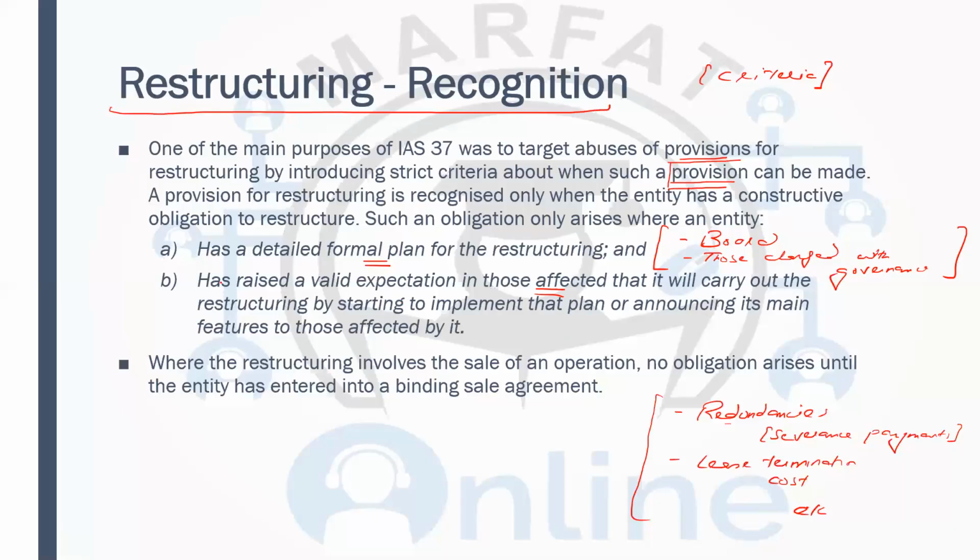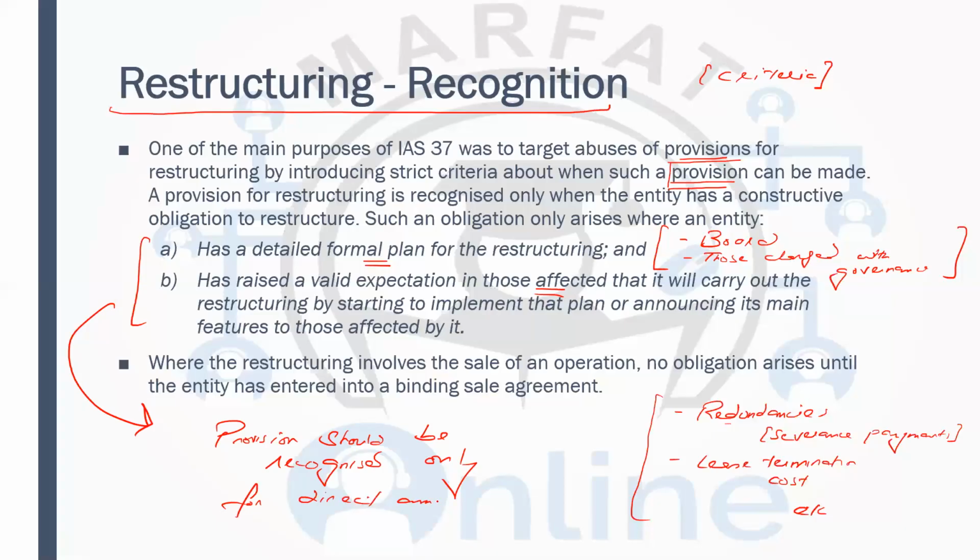So whenever there is a formal plan and that formal plan has been communicated to the affectees, a provision should be recognized, only for direct amounts, the amounts which arise as a result of restructuring.